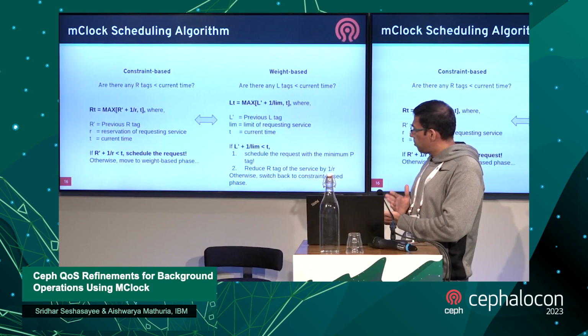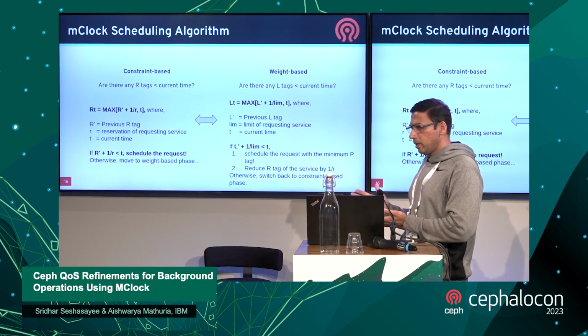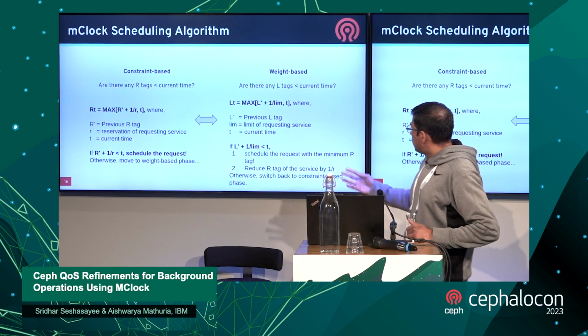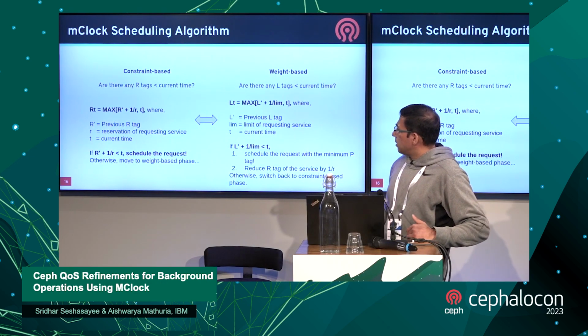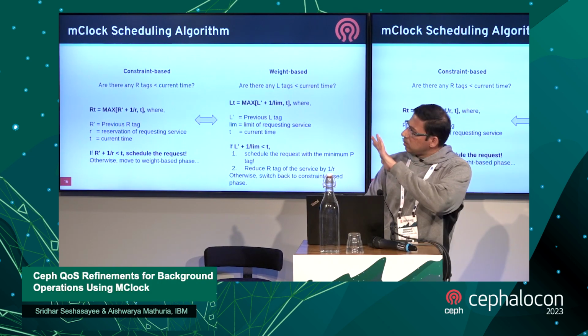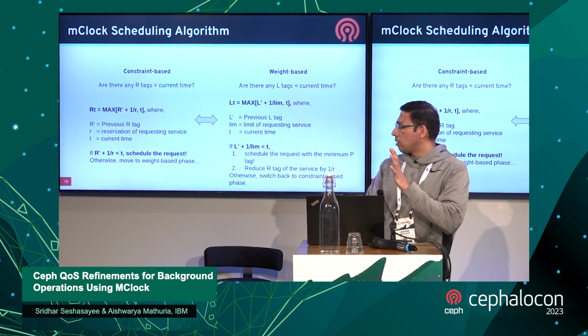So that's the basic condition that needs to be maintained at all times. Once that is done, that specific request is returned from the queue, and that item is scheduled. So this in a nutshell describes what the algorithm does.